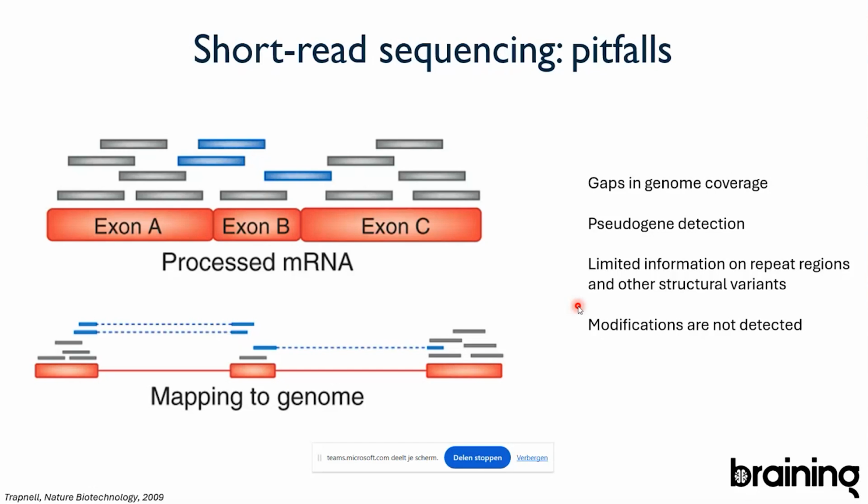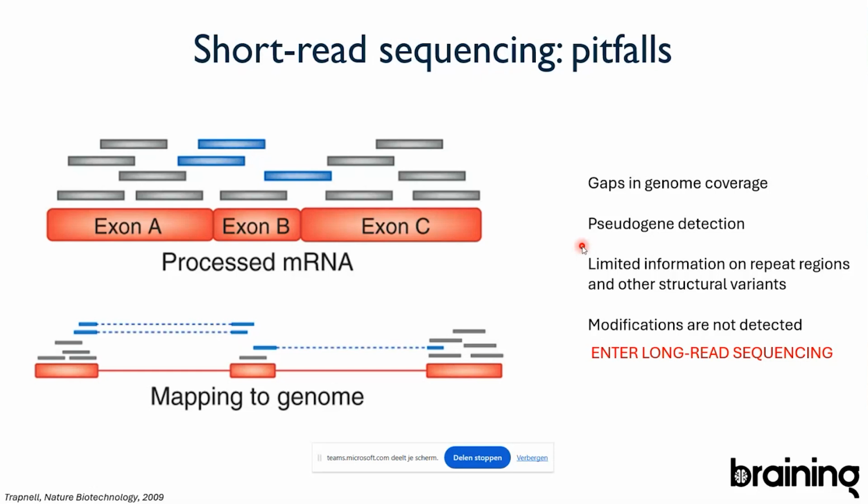Okay. Good. So short read sequencing. I told you the pitfalls of short read sequencing, and to overcome those pitfalls, people have developed a technique, third generation sequencing or long read sequencing, to overcome the problems of short read sequencing.